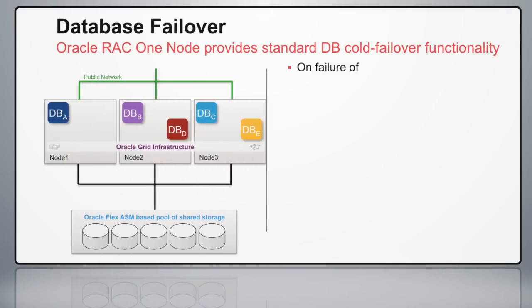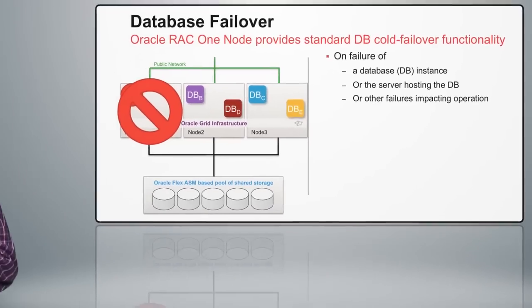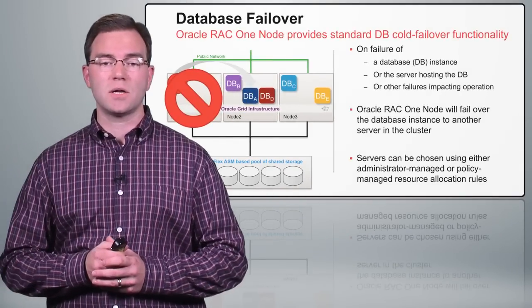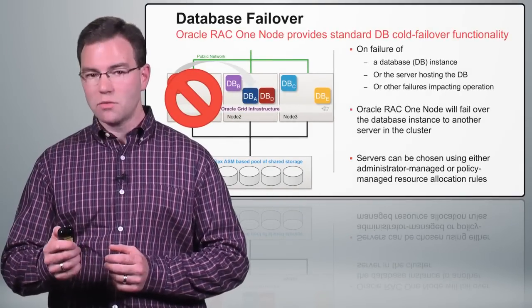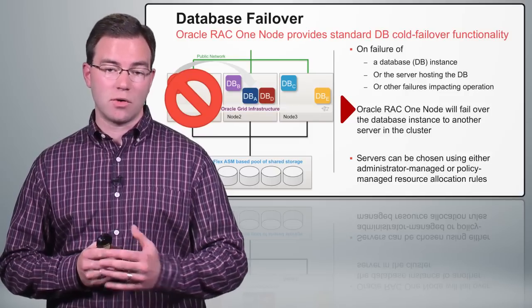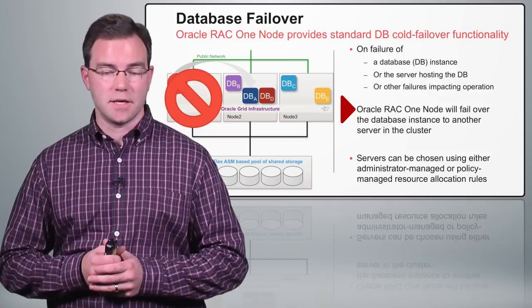Looking at the database failover case, Oracle RAC One Node provides standard database cold failover functionality, which means on failure of either a database instance, or on failure of the whole node that hosted the database instance, or on any other failure that may impact the Oracle database operation, Oracle RAC One Node will fail over the Oracle RAC database instance, or RAC One Node database instance I shall say, to another node in the cluster.